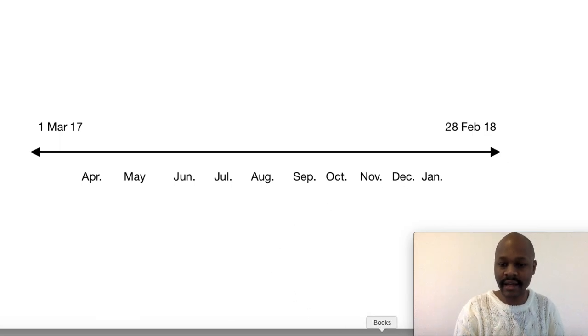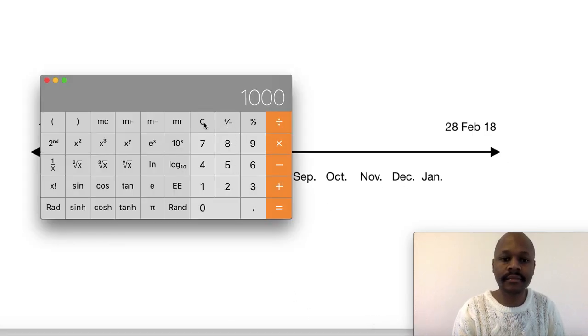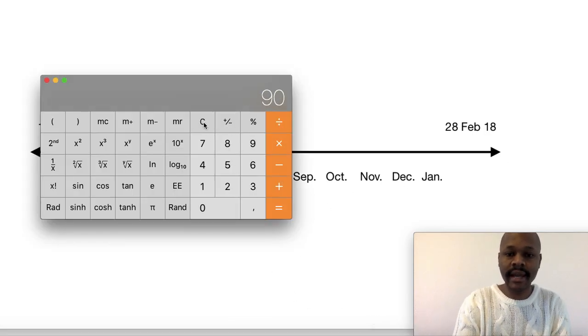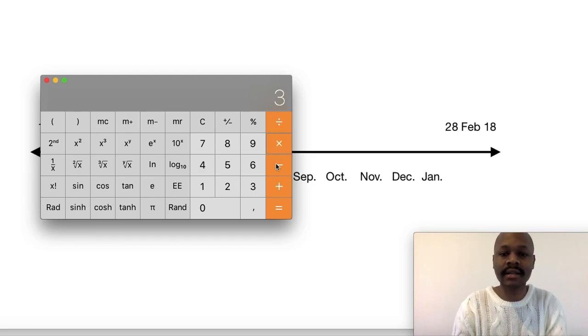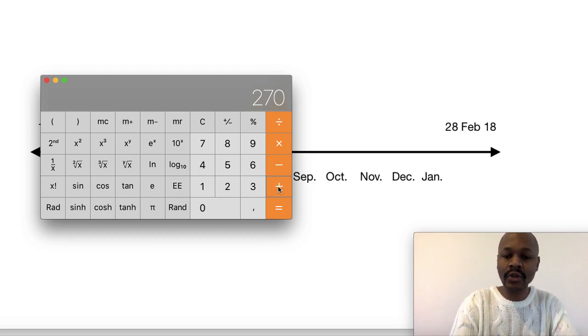So you'll say 90 times 3, it gives you 270. You add this 270 to 1000, it gives you 1270. You go to your pre-adjustment trial balance.